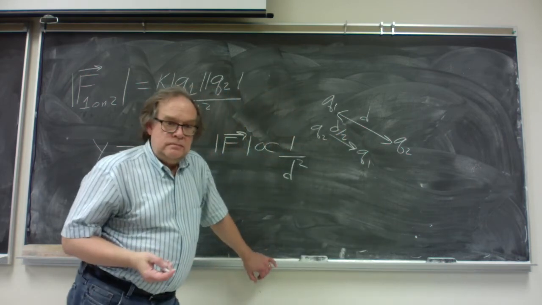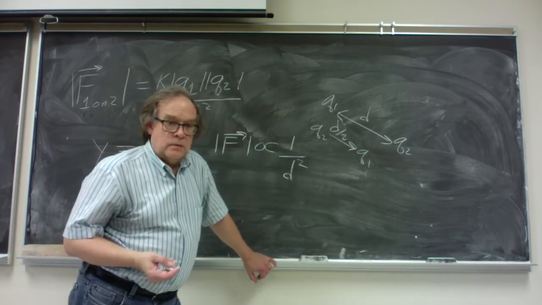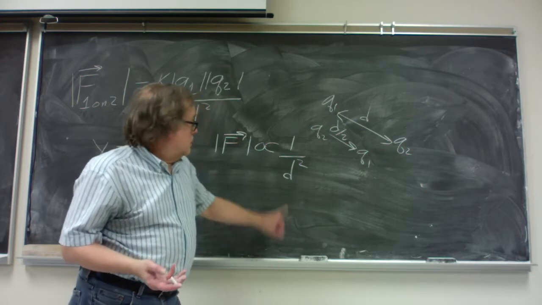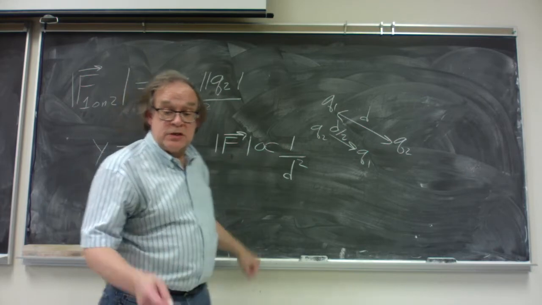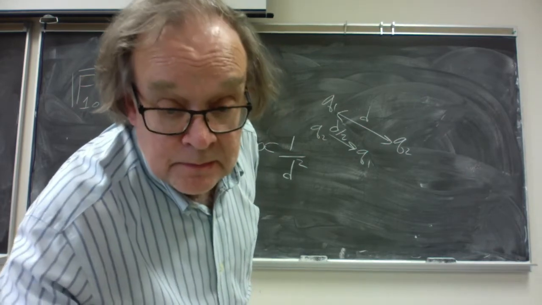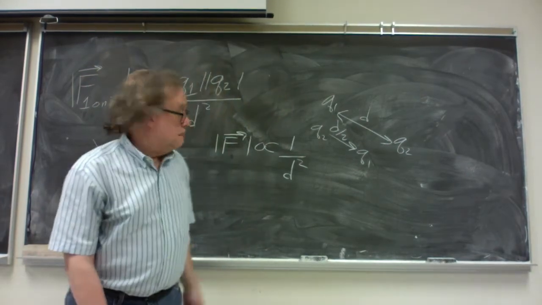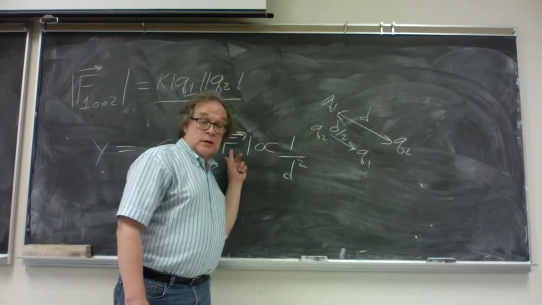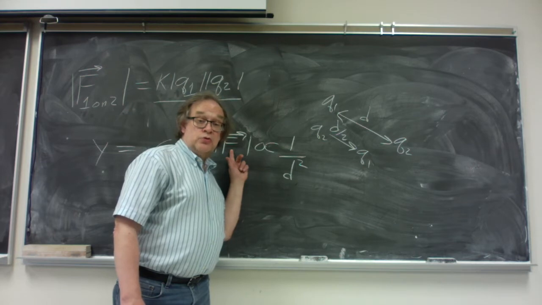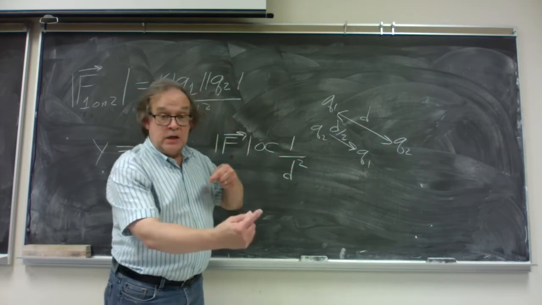So d has changed, therefore anything that it's inversely proportional to must change. And specifically, in inverse proportionality, if this variable d squared changes by some factor, the thing it's inversely proportional to changes by the inverse factor.